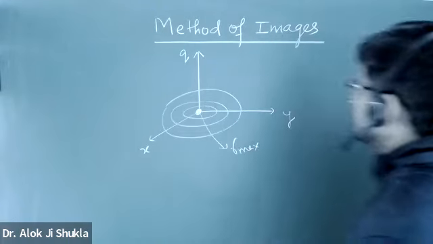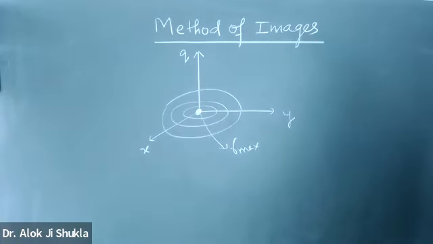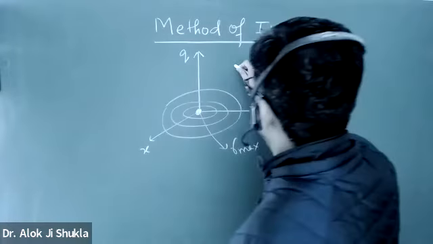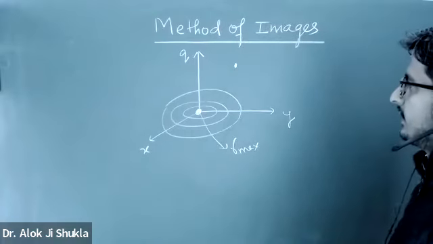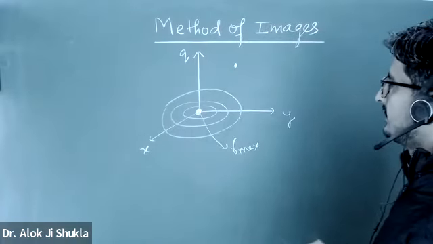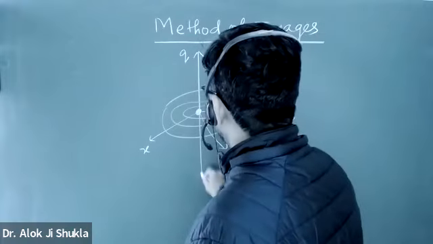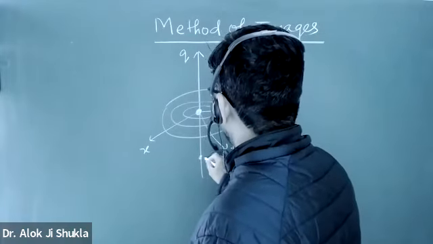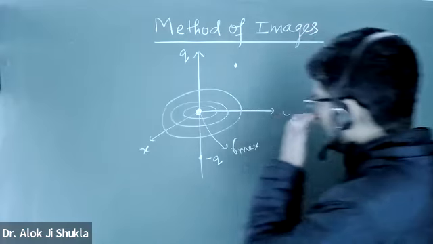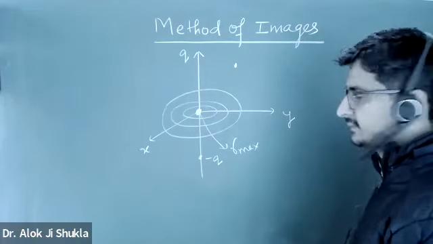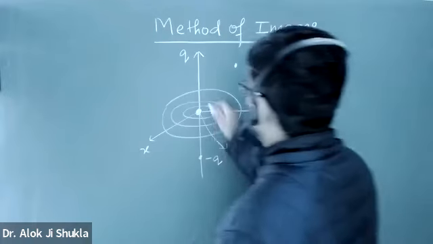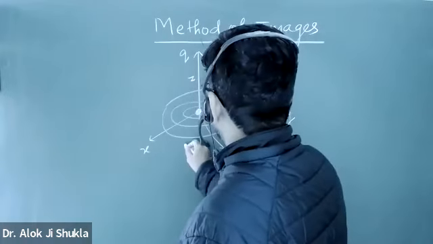And if you wish to calculate the potential at some point here, I told you that this is replaced by a minus q charge, the image charge. This distance was z, and this distance was z.